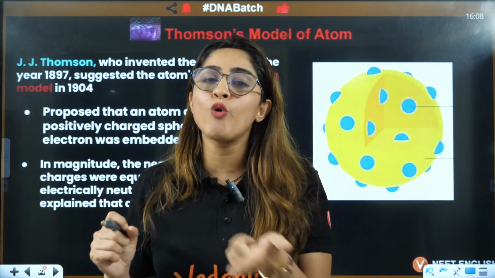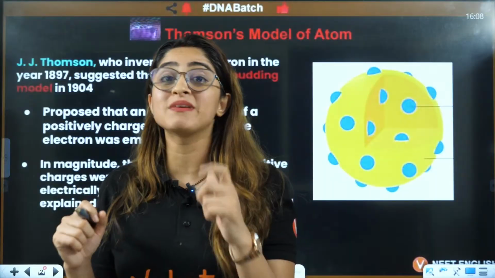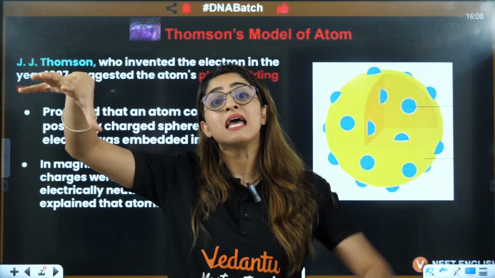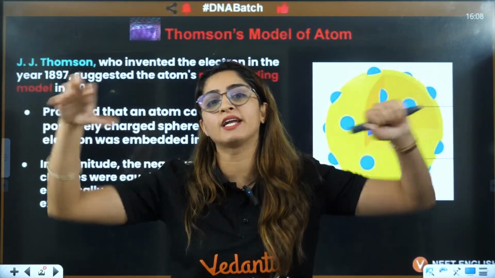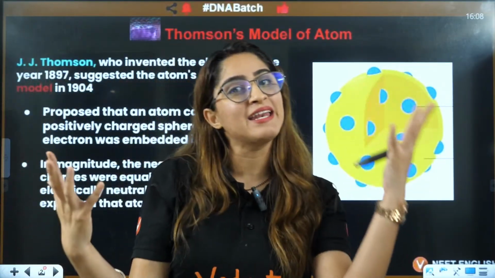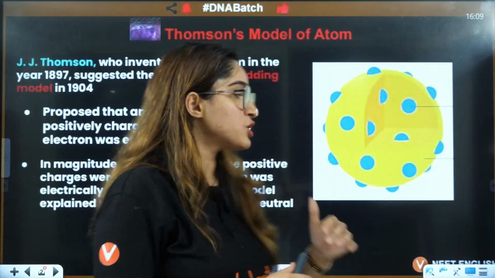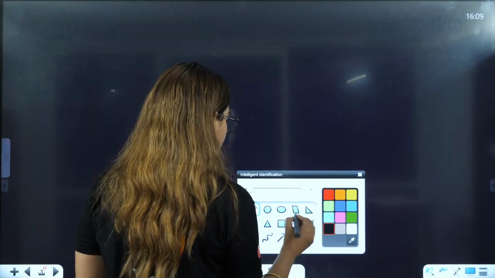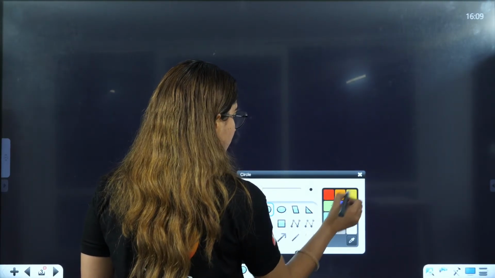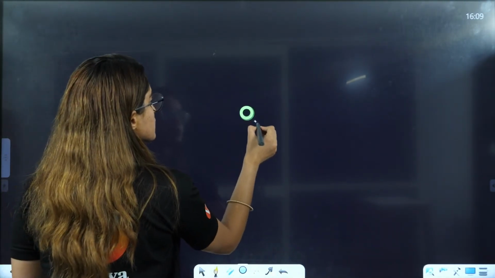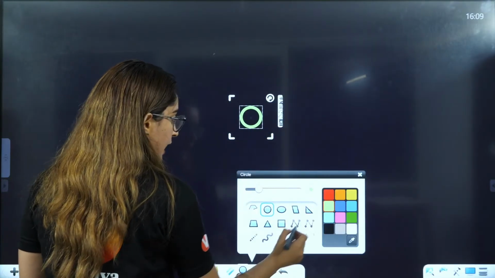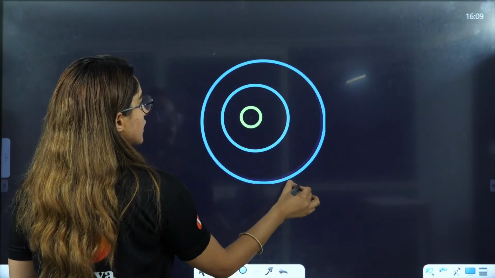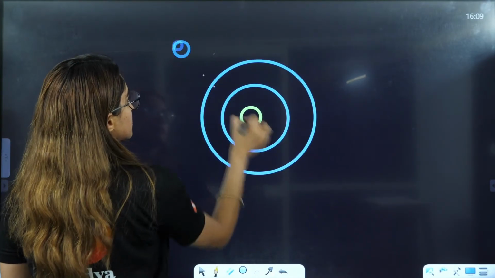And the atom overall is neutral, that means it is electrically neutral. The amount of positive charge is equal to the amount of negative charge. So if I draw an atom here, this is a small nucleus, and here we are drawing the orbits, 1, 2, 3.